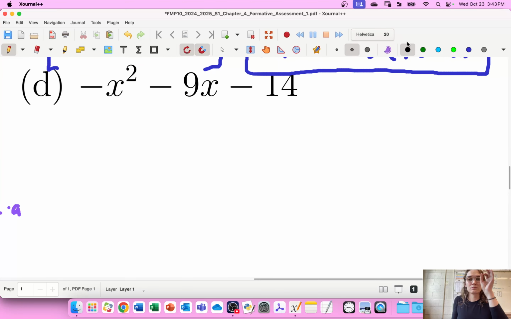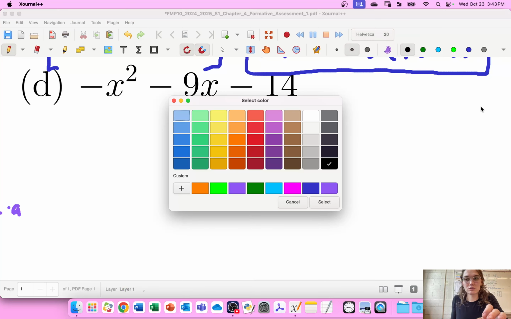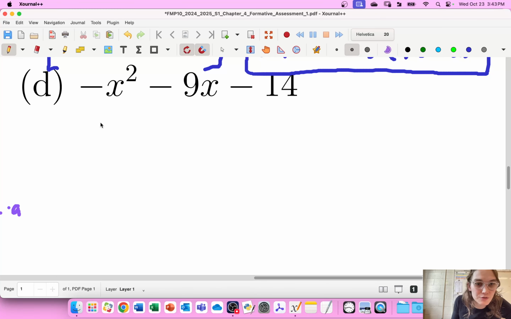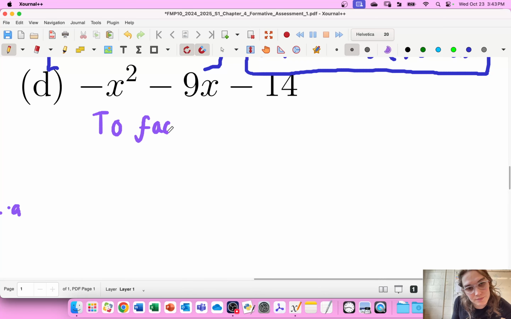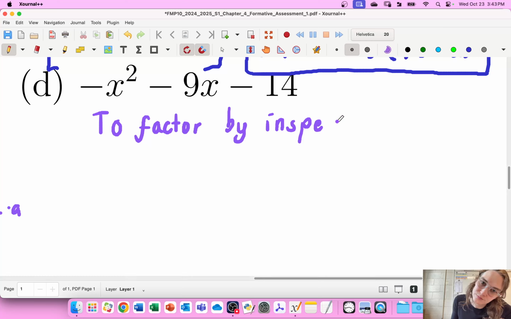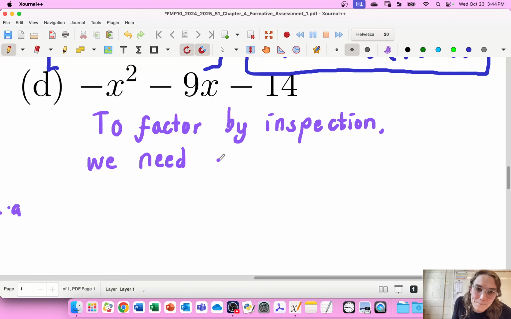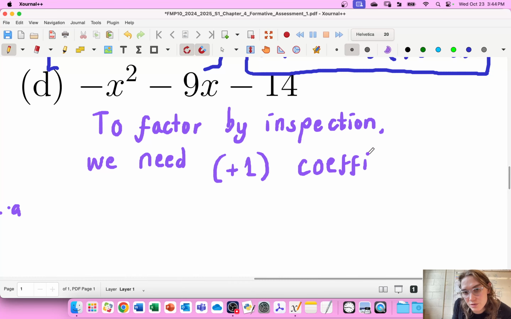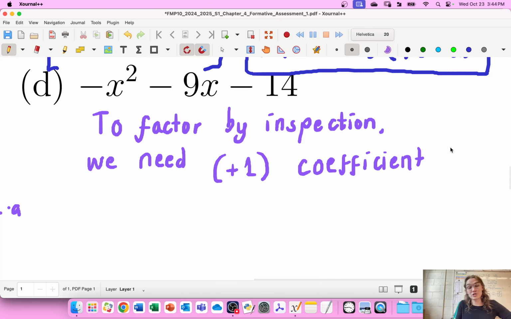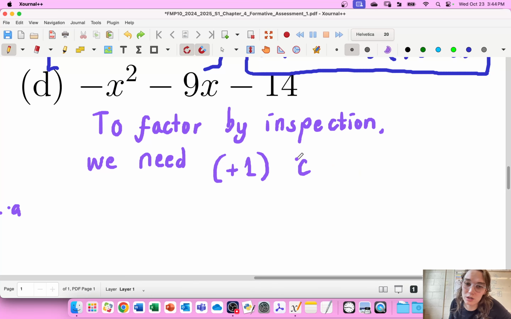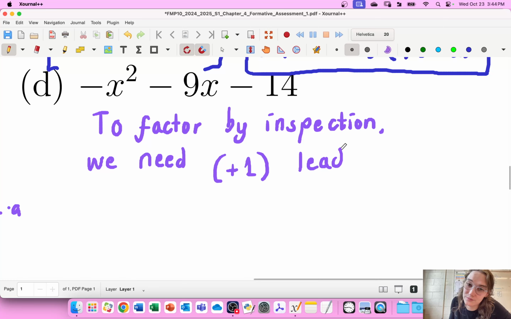Okay, the issue here is to factor by inspection, we need that +1 coefficient, which is actually the leading coefficient. We literally used that word last chapter or whatever. So honestly, leading coefficient.